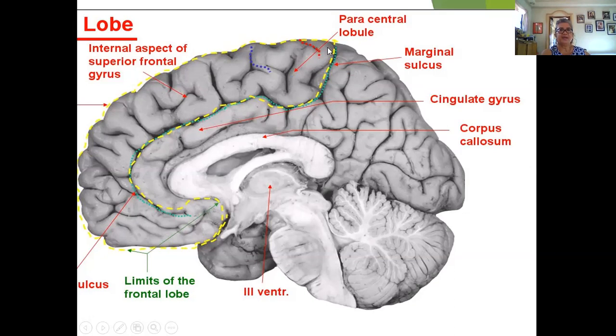Then you have here the marginal sulcus, which will separate your paracentral lobule from your precuneus.